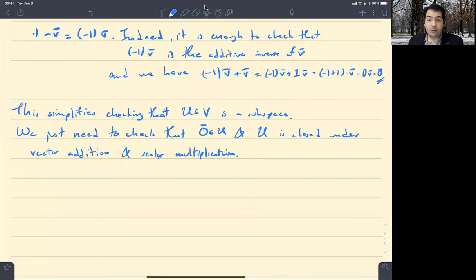Right? The one we're leaving out now is closed under additive inverses, right? So we also had the fact that if you give me a vector in U, then minus that vector is in U, right? But now we know that if you're closed under scalar multiplication, then that includes being closed under additive inverses. Okay, perfect. So we will stop there for this lecture and pick it up from there next time.